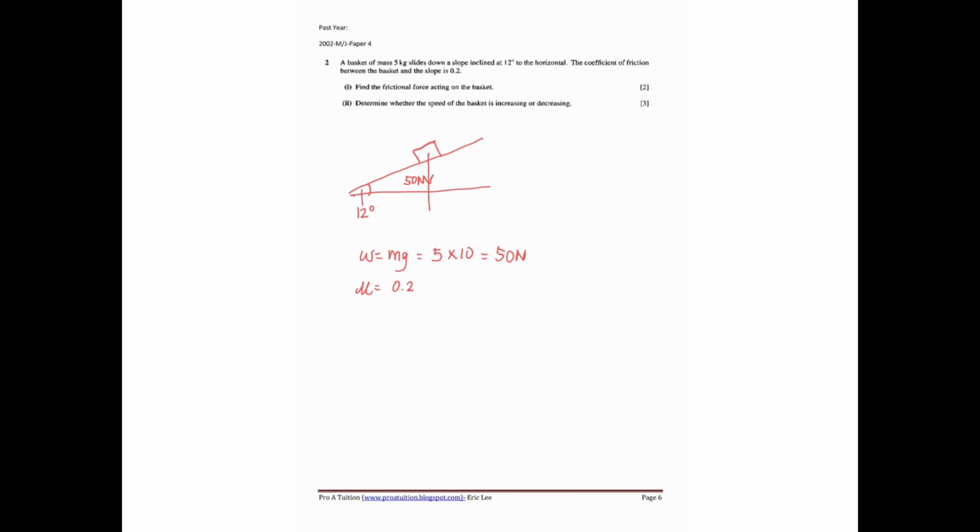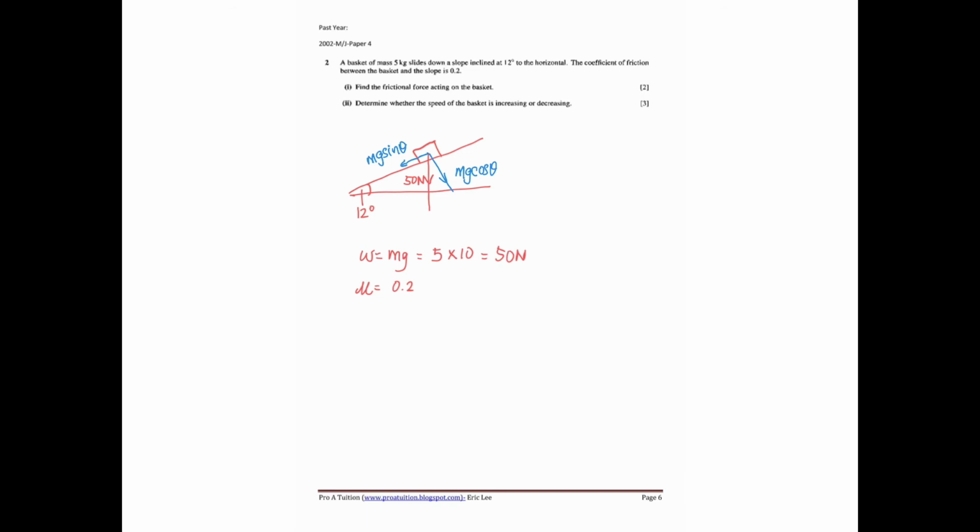To find the frictional force, again, we have to do resolutions. So let's draw it out here. We know this is mg cos theta, and this is mg sin theta.